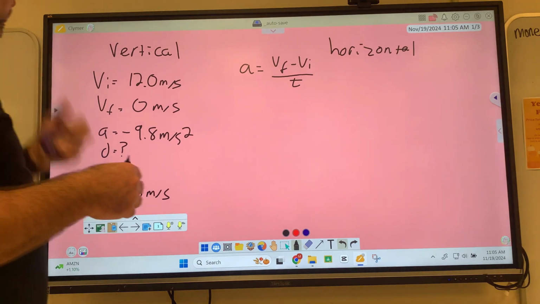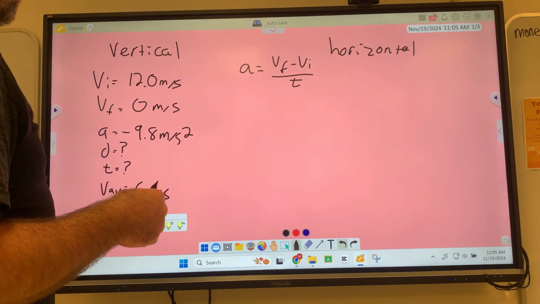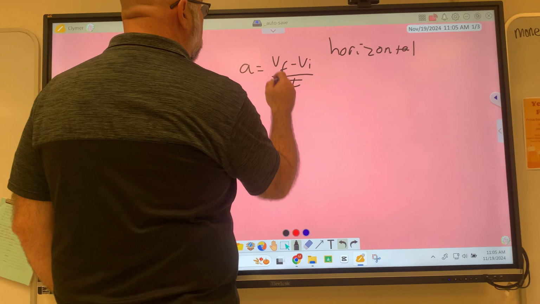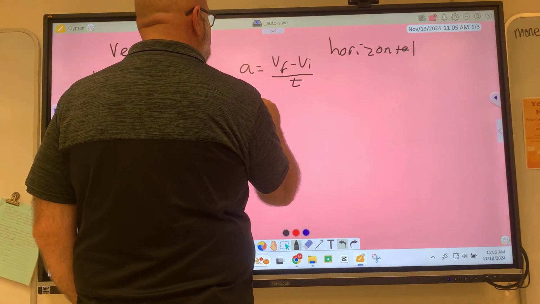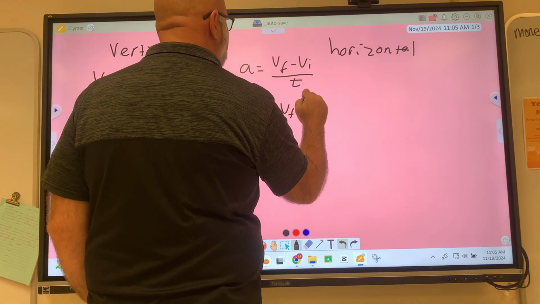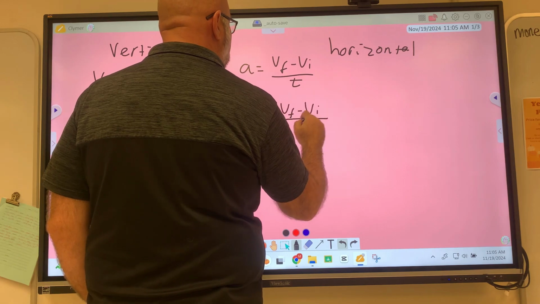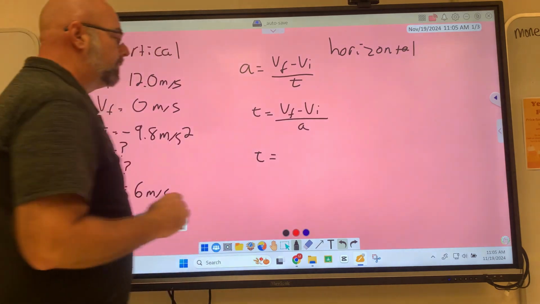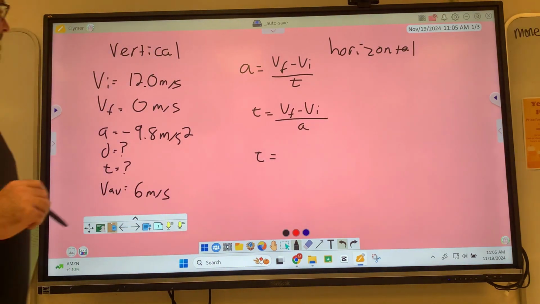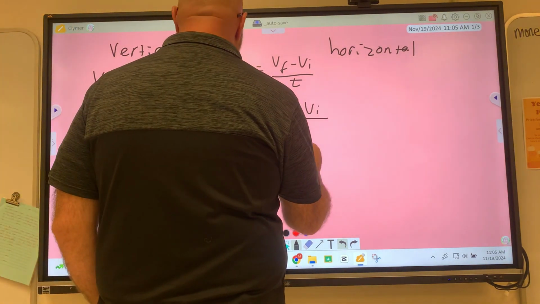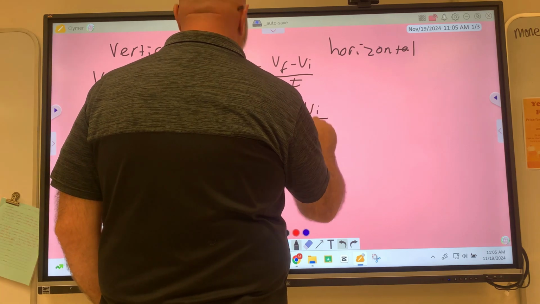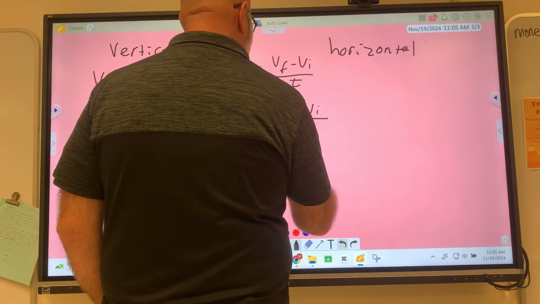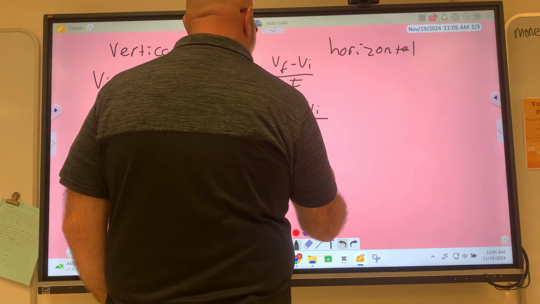We're trying to solve for time, so we just switch these. T equals VF minus VI over acceleration. VF is 0 minus 12 over negative 9.8.